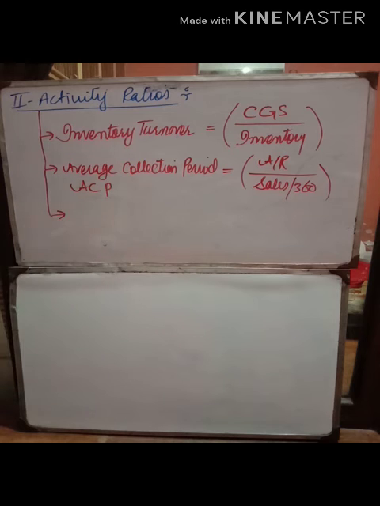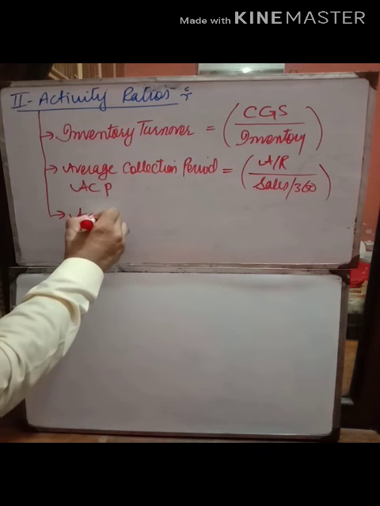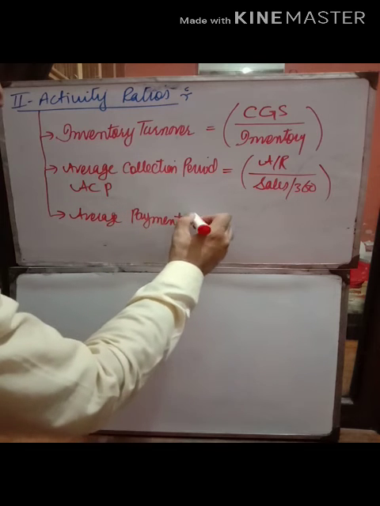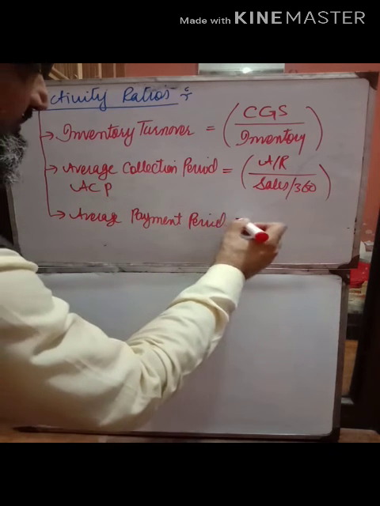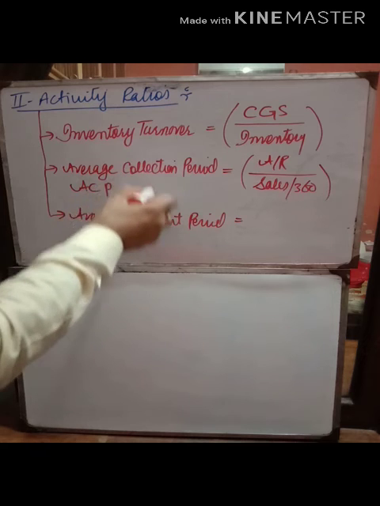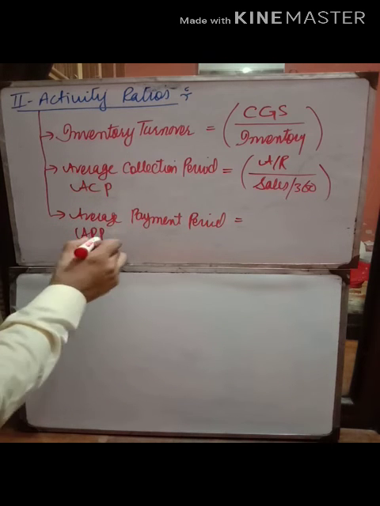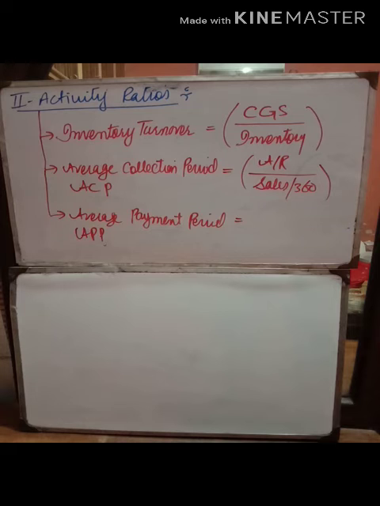After ACP, we can calculate the average payment period. This is, you may say, the reverse of ACP, and may be called APP as an abbreviation. The average collection period is the time needed to collect accounts receivable: how many days are needed to collect the cash from our receivables.